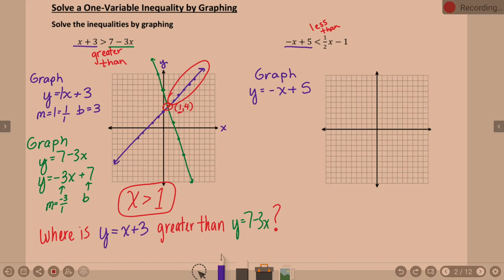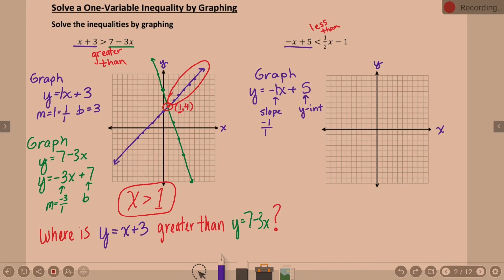What do we know? Negative x plus 5. 5 is my y-intercept. And my slope is what? The invisible negative 1, which as a fraction is negative 1 over 1, or if you prefer, 1 over negative 1.